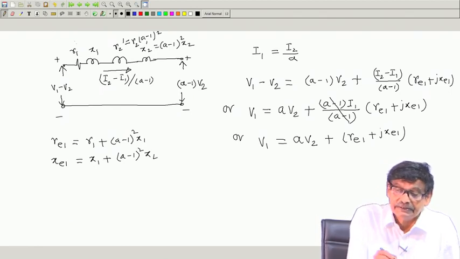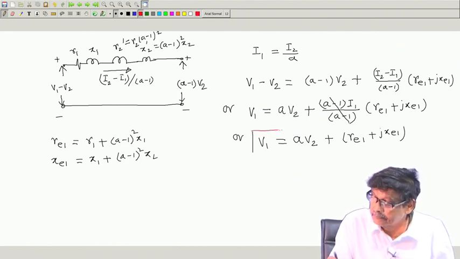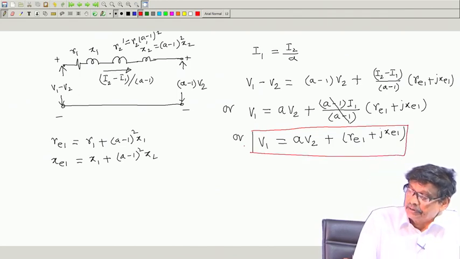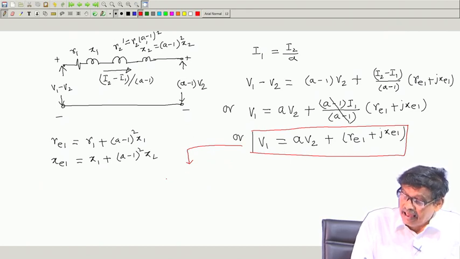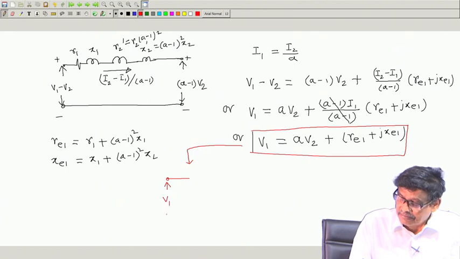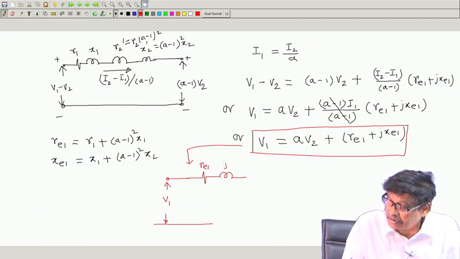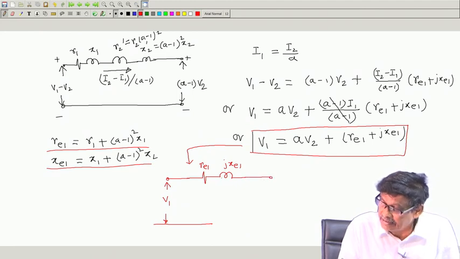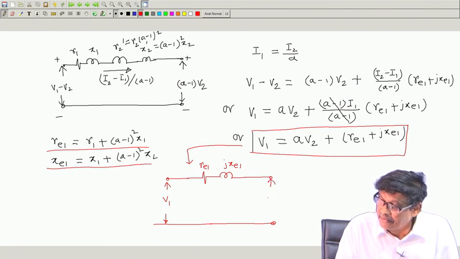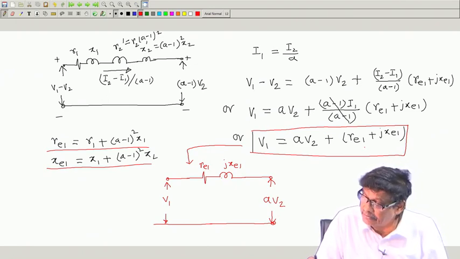After getting this equation, this equation prompts me to draw the equivalent circuit referred to primary, as if a voltage V 1 is there this side, and here is the impedance R e 1, j X e 1, where the description of R e 1 is this, description of X e 1 is this, and then here I am having a V 2 and this into I 1, mind you, I forgot to write that.